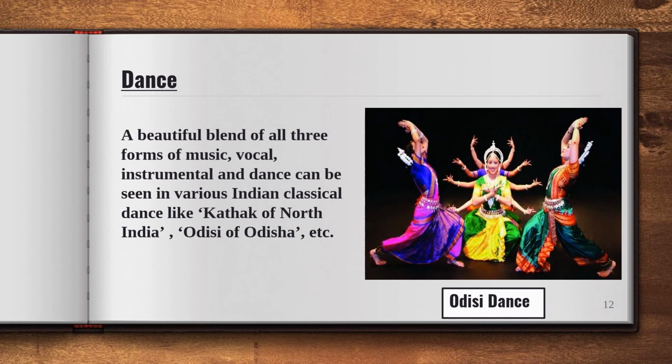A beautiful blend of all three forms, vocal music, instrumental music, and dance, can be seen in various Indian classical dance forms like Kathak of North India, Lavani of Maharashtra, Odissi of Odisha, Bharatnatyam of Tamil Nadu, Kuchipudi of Andhra, and Kathakali and Mohiniyattam of Kerala.